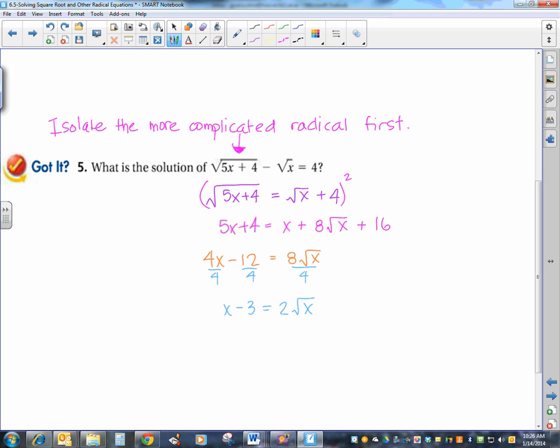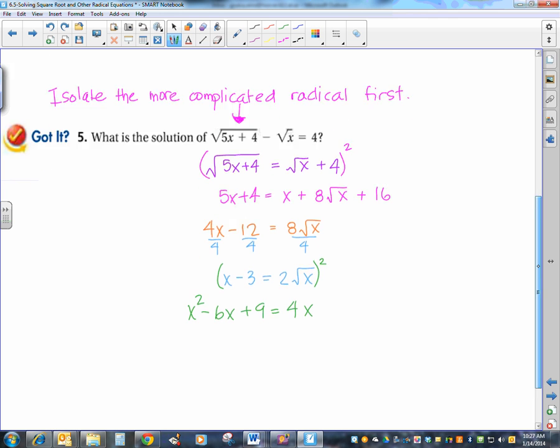But at this point, to move forward, I'm going to, again, square it. Okay, there's my binomial squared, so I square the first term, multiply them together, times 2, so that's minus 6x, and then I square the last term, and then I have to square the 2, and then square the square root of x. So that's what I get.